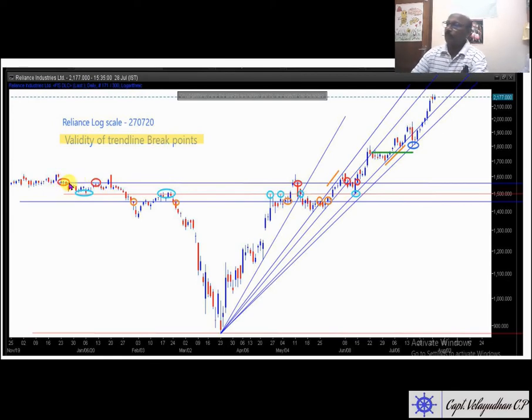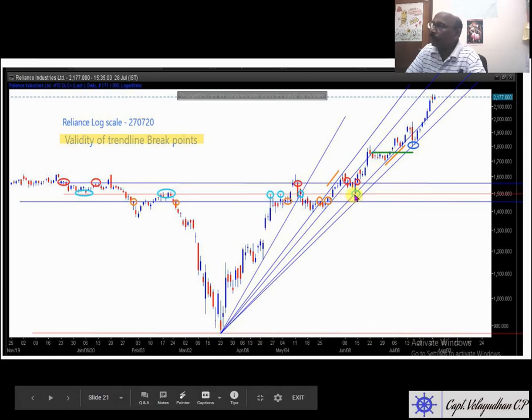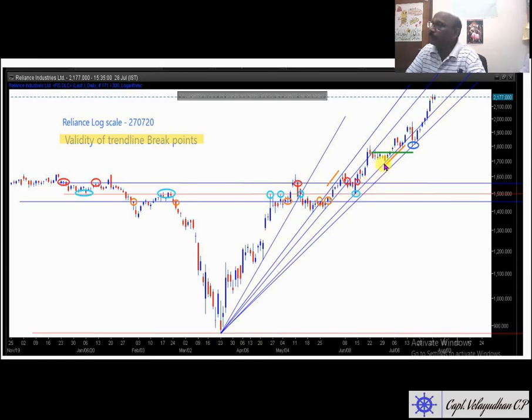So every time you see, the trend line breakpoints are indicative of support and resistance. So I drew the next trend line from this point. From this point I extended, and then I see the price was taking support here, support here, support here, all the way up till it broke here.